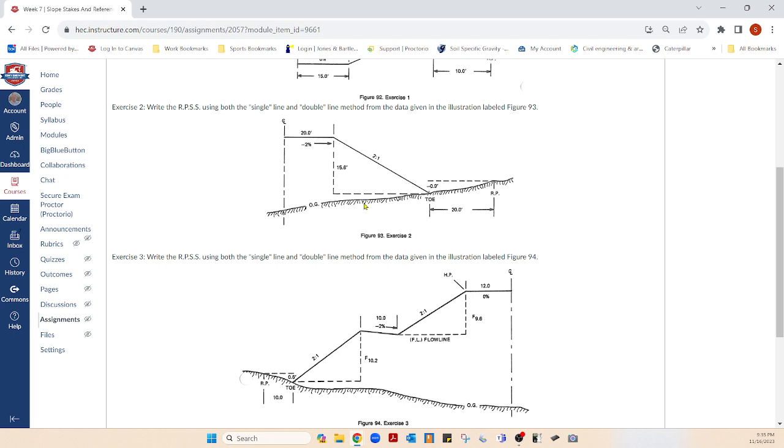That calls for calculations. 15.8 times 2 equals, so your horizontal is going to be 31.6. Fill 15.8 at 31.6, and that will give you a 2 to 1 slope.